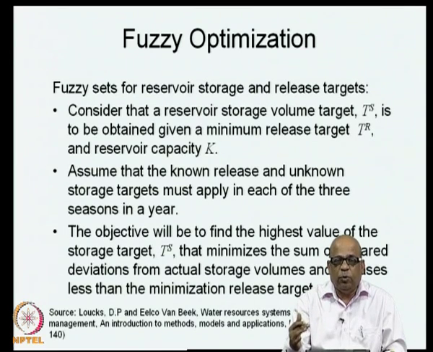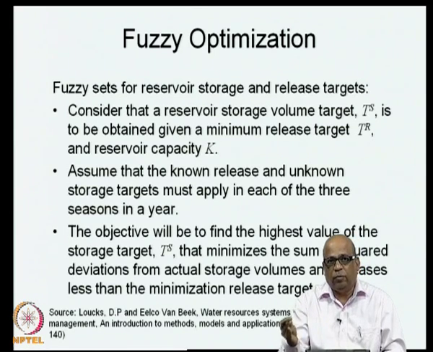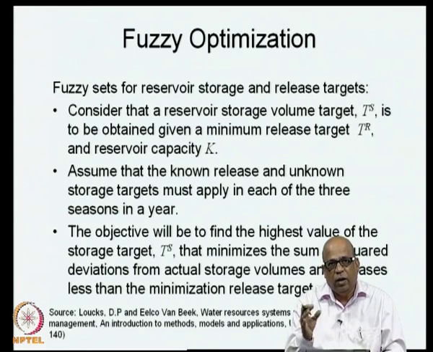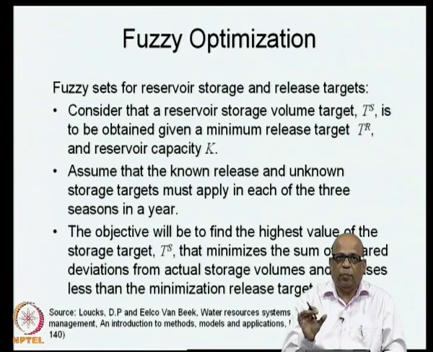The release target we will specify, and then reckon the deficit only when the release is smaller, not the other side of the deficit. That is, we will reckon the deficit to be non-zero only when the release is less than the target. We specify the target and compute the deficit as release minus that target, and only whenever it is less than 0, we put it as that particular value.